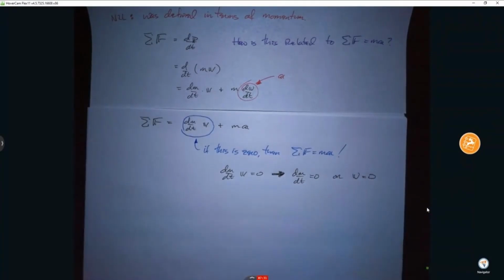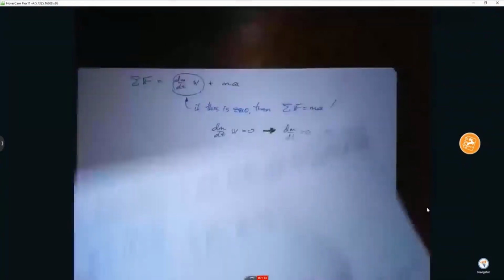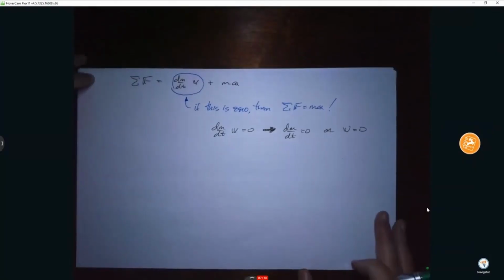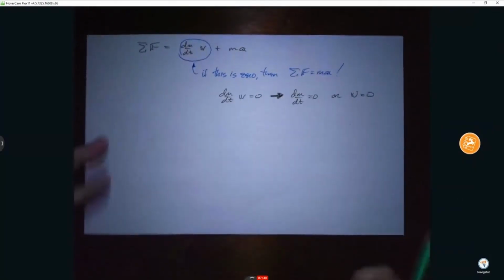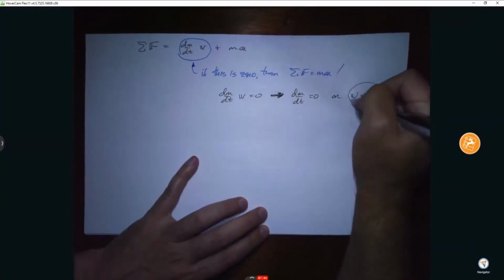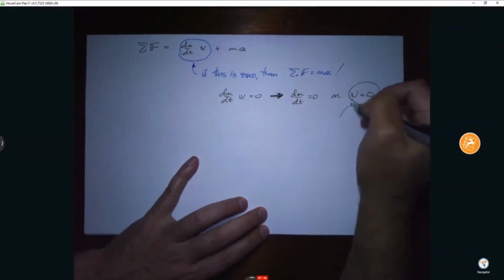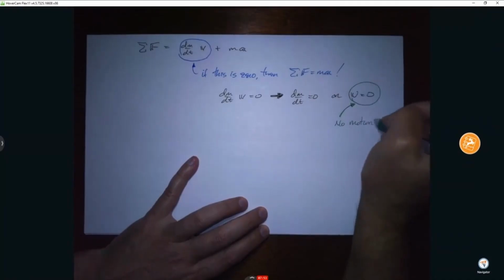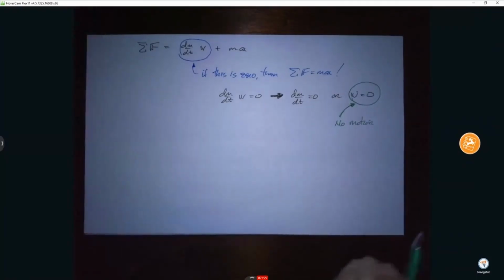Now, this one is a little problematic because this is the instantaneous velocity. If the velocity is 0, then essentially in this instance we have no motion. Not that it started at rest, but that there was no motion at all.